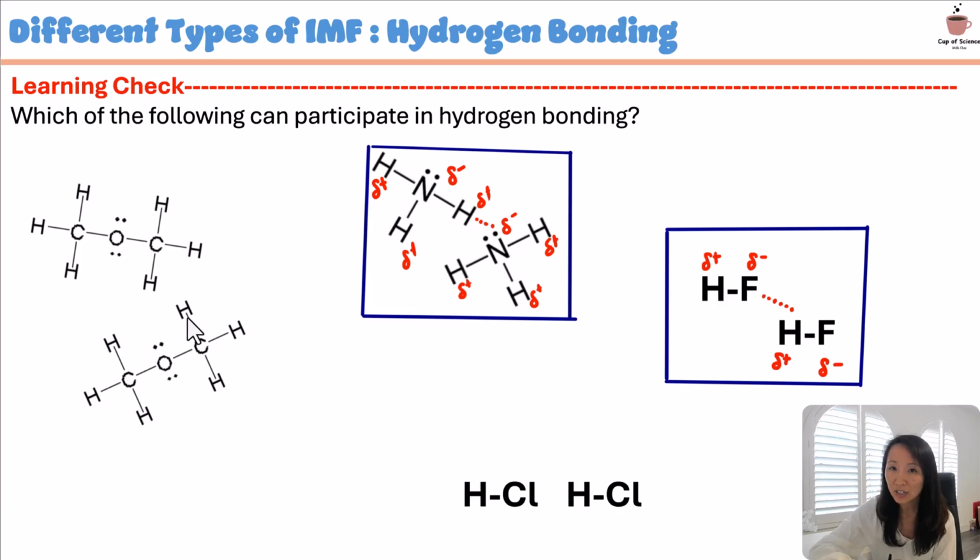The hydrogen is attached to carbon, and it's not directly attached to the F, O, or N. Over here, you see that the hydrogen is directly attached to F, O, or N, so therefore it works. But not this one, because it's not directly attached. The hydrogen is not directly attached to the oxygen. It's from carbon then to the oxygen, right? There is another step. So therefore it wouldn't work.